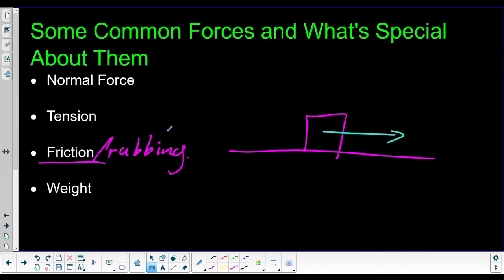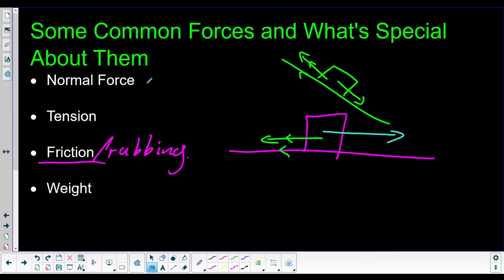If you slide something, it slows down and gradually stops. That's because friction is always going to push in the opposite direction of motion. It's also always going to be parallel to whatever surface you're rubbing on, right? So if your surface is like this and you're sliding that way, friction is going to push that way parallel to the surface you're on.